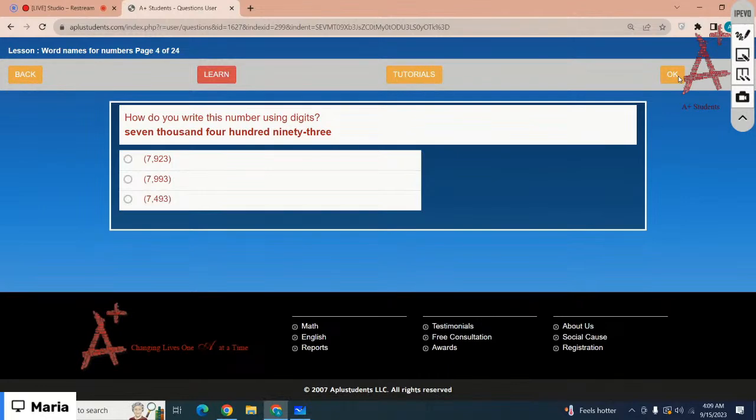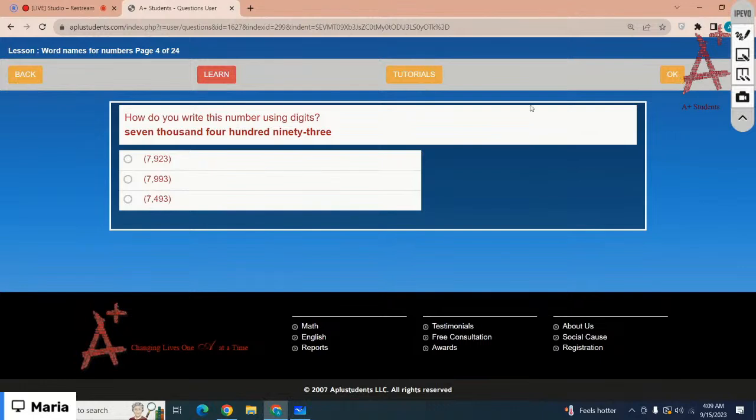How do you write this number using digits? 7,493 is the correct option. We have 7 at the 1000 position, 4 at the 100 position, and then 93.